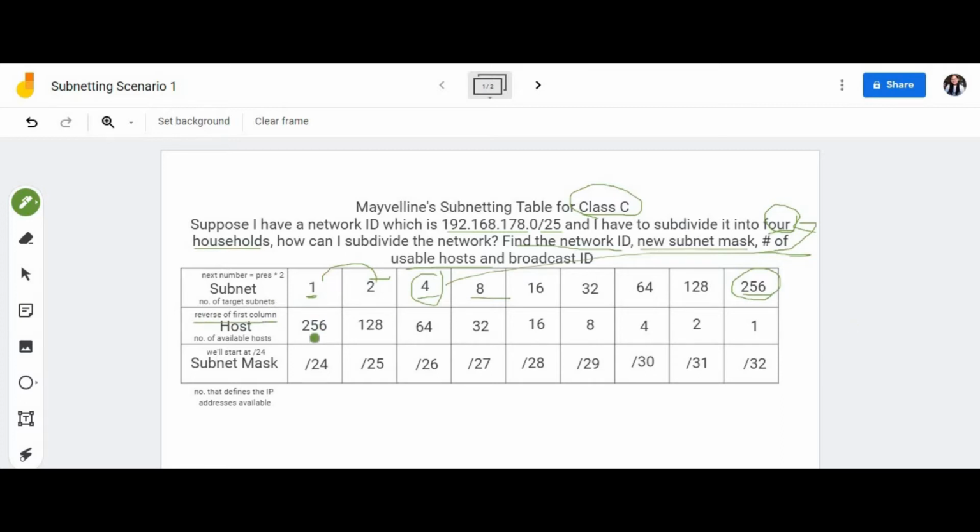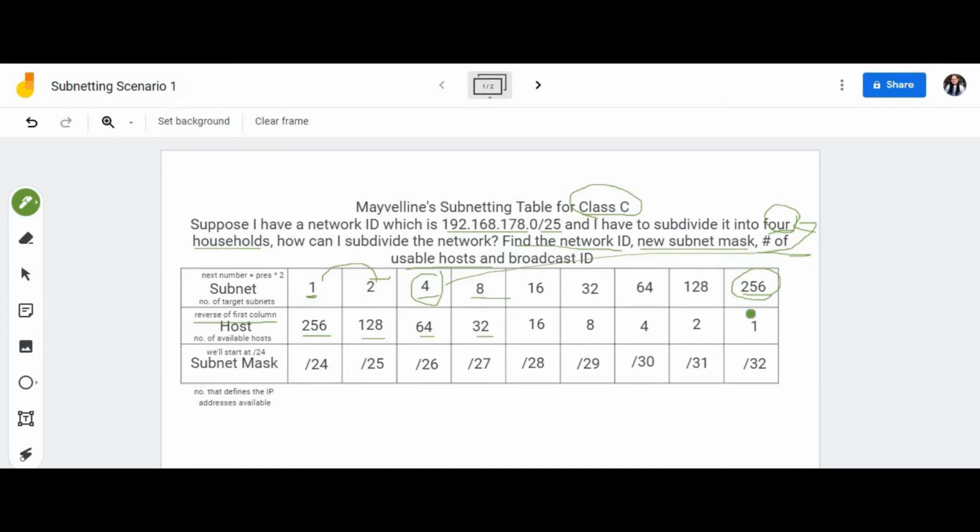So we can extend it a little further, but we will stop here because we already got our target of subnetting, which is 4, because we are dealing here with 4 households. So now to get the second column, we just basically place the reverse of the first column here. So if we ended up with 256, we'll start at 256 here in the second column.